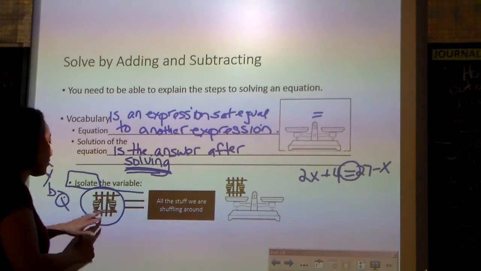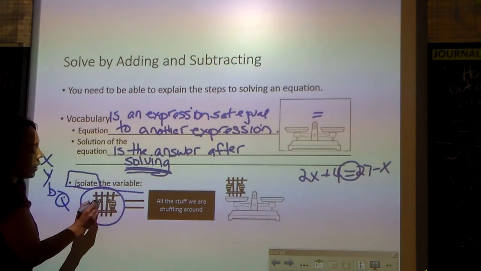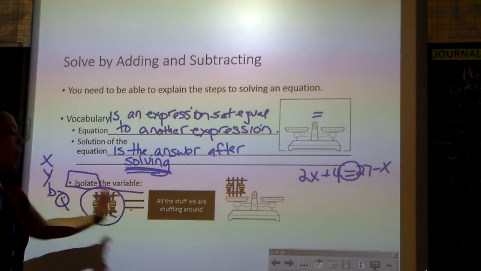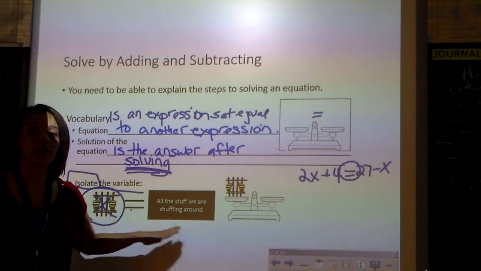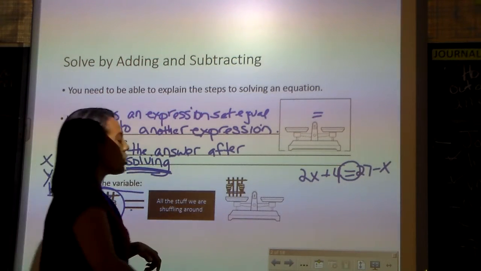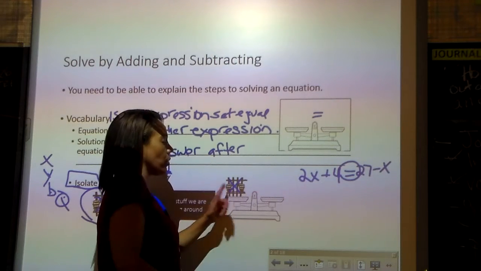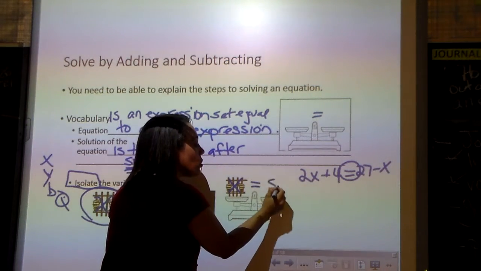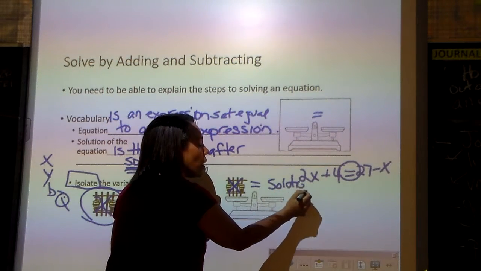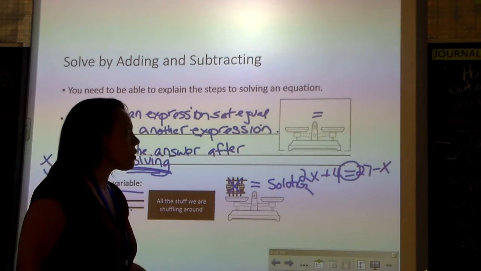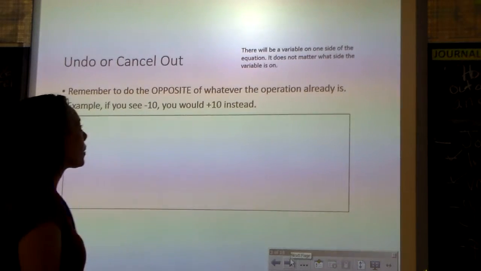So you would have your variable here, let's say it's an x, equal to all the stuff that we're going to shuffle around, which is what we'll be learning today. So your x, or variable, on the scale would be equal to some solution right here. Okay? If you have all that, what we're doing is moving on to the next screen.